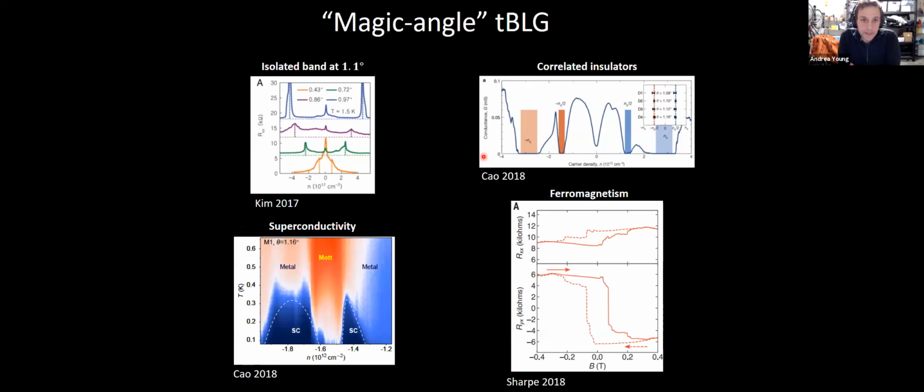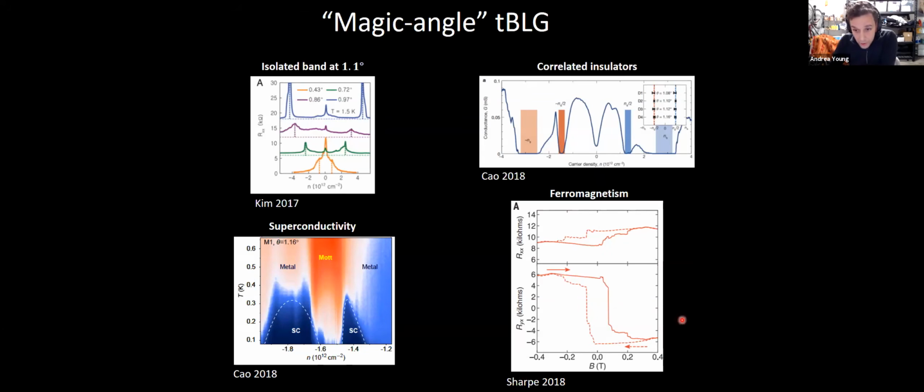Of course, in brief history, the last years have seen identification of this isolated band, identification of strongly correlated physics, meaning insulators at fillings that are not within the single particle picture, similar to what I showed you in ABC Moirés, superconductivity, and in particular ferromagnetism, which is the thing that I will tell you about in the most detail.